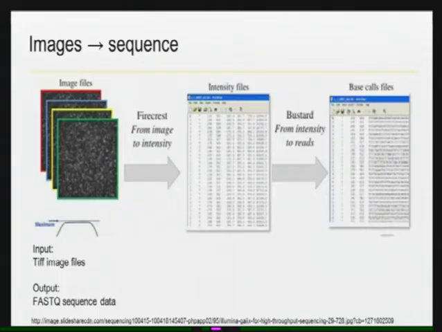This step going from image to sequence is usually done by Illumina's commercial software. There has been some method development on alternative ways to call bases from the images, but usually this is done with commercial software. How much has that changed over the years? If you look at the last 3 or 4 years, is that process changing, or is Illumina pretty much still one methodology?